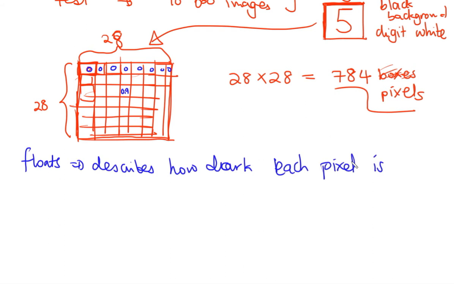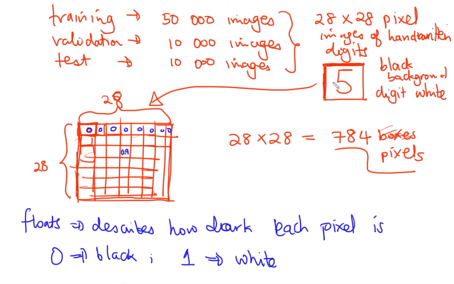For our case, because of the way they are set up, a 0 represents dark, which means black, and a 1 represents white. So let me write that down so you don't forget. When a box has a value of 0, it is a black box, and a box that is a 1 represents a white box. If we do this for this 5 here, because it has a black background, this box will be black, black, black, black.